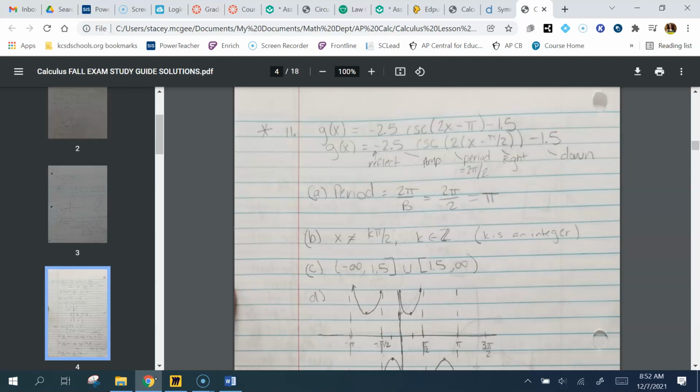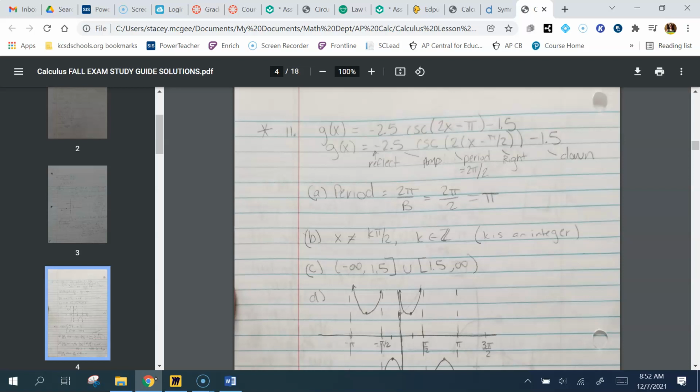So this is A. That has to do with your vertical shrinks and stretches, reflections over the x-axis. You have to factor out, see, originally it was written like this.